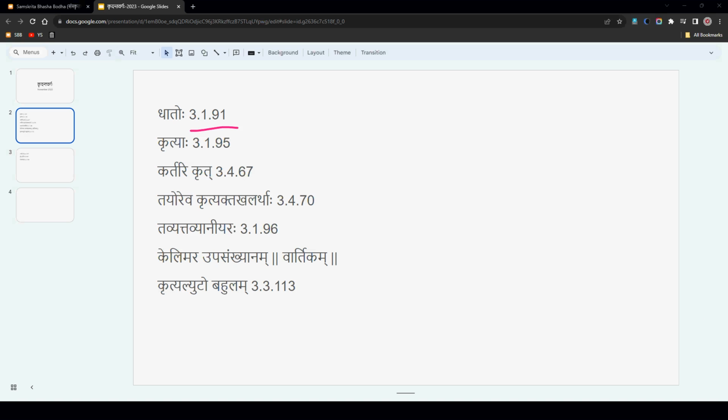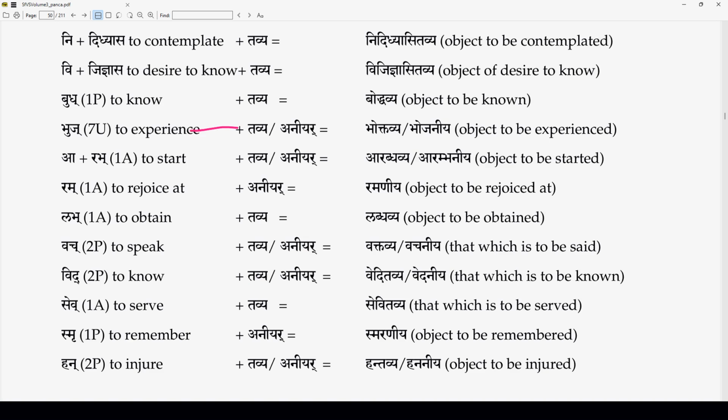Third Adhyaya, first chapter, 91 Sutra. Can you see this page? Yeah, I can. But you were talking earlier about the verbs, and they had in parentheses one A, some has 7 U's, the other has 1 P. Oh, okay, yeah. That is Gana, yes. First Gana. Yeah, this one.